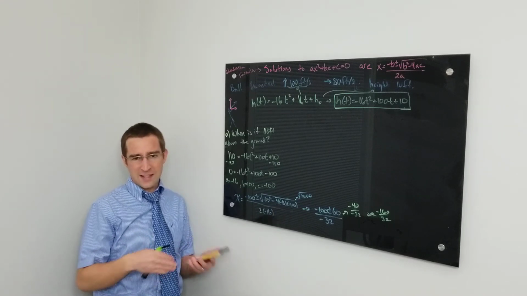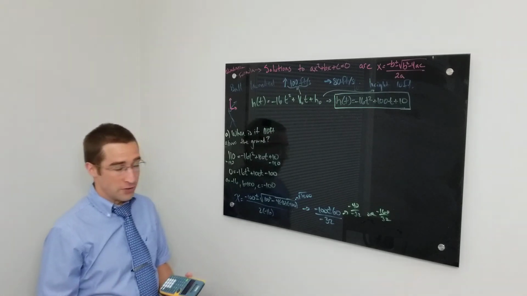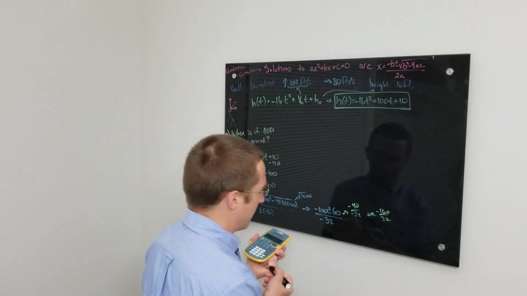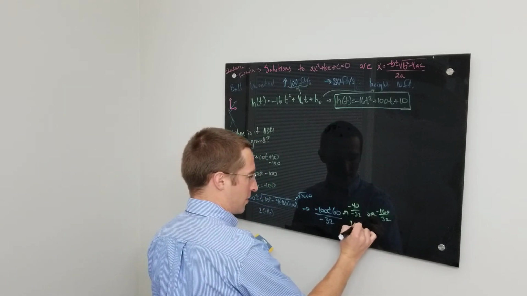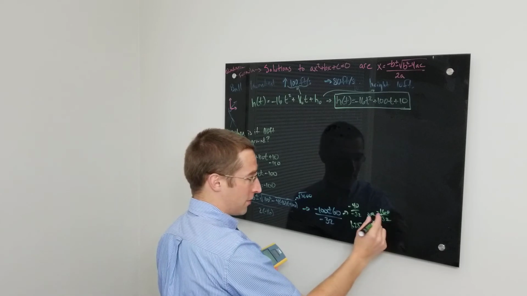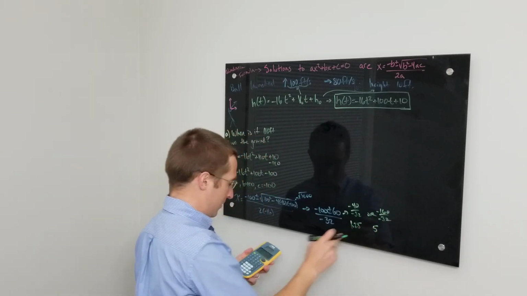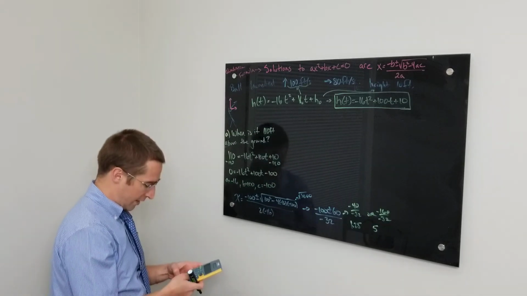We say this many seconds approximately. So 40 divided by 32 is 1.25. And then 160 divided by negative 32, there should be a negative there, is 5. And just double check that.